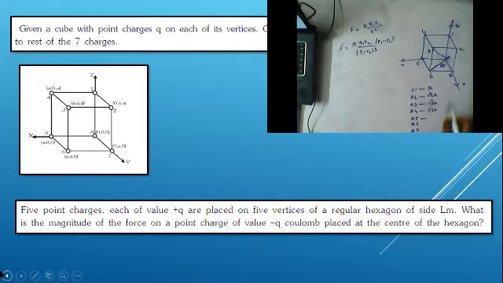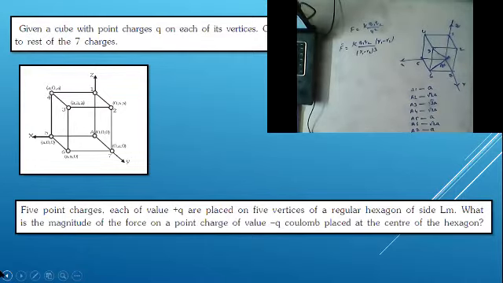A5 is on the x-axis, so it is a. A6, its value is root 2 a. And A7 is once again simply a.